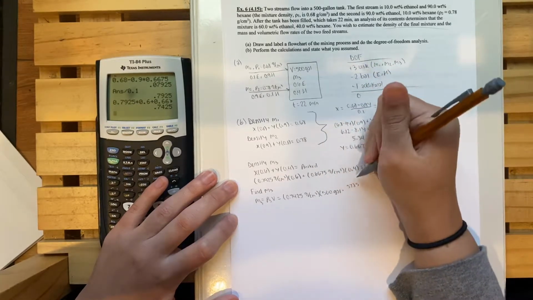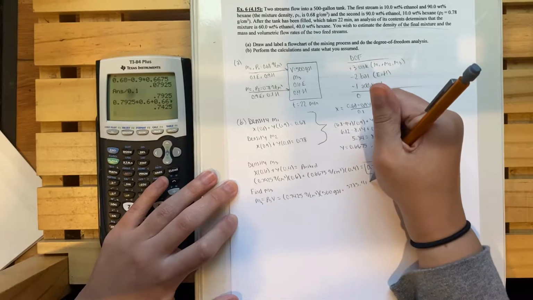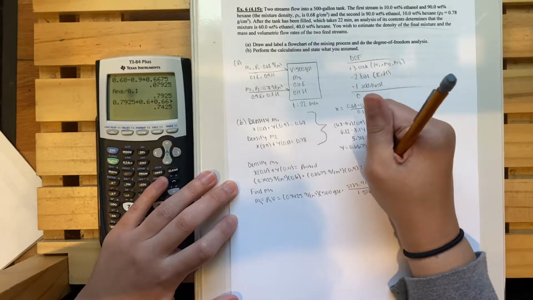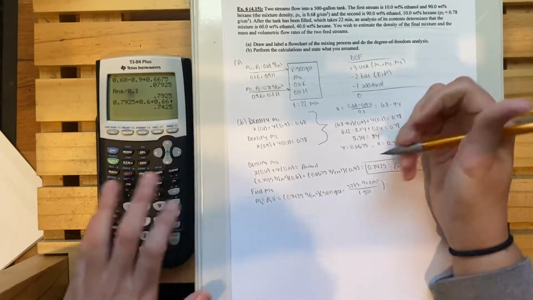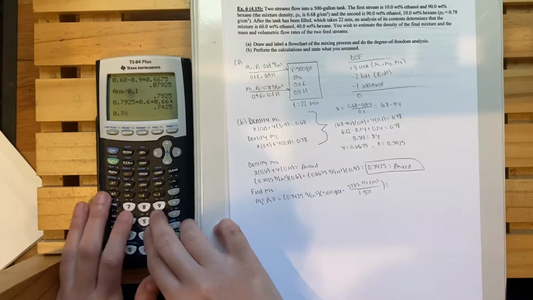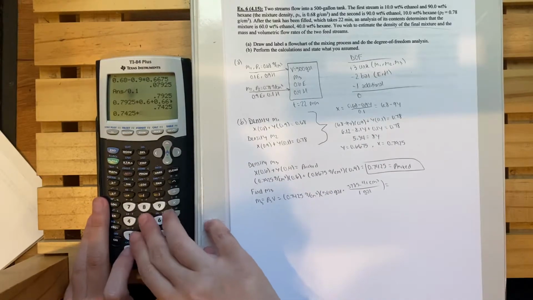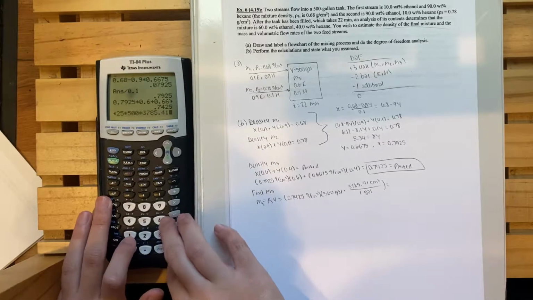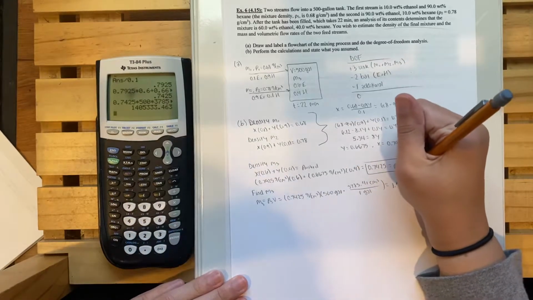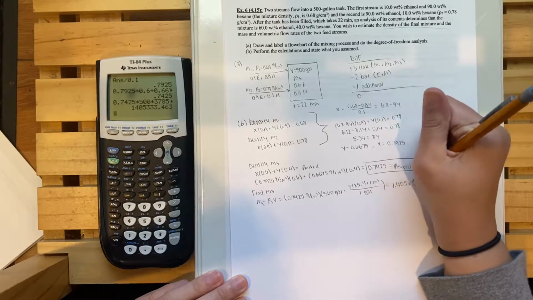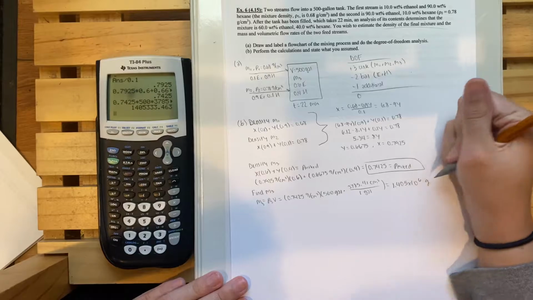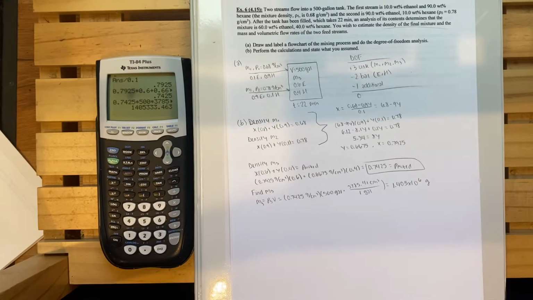So we have 3,785 centimeters cubed per gallon, and that is going to equal 1.405 times 10 to the 6 grams. So that is our final mass within the tank, so M3.